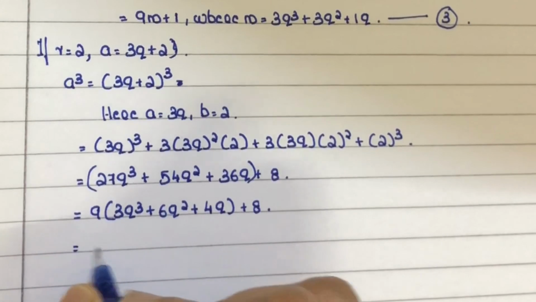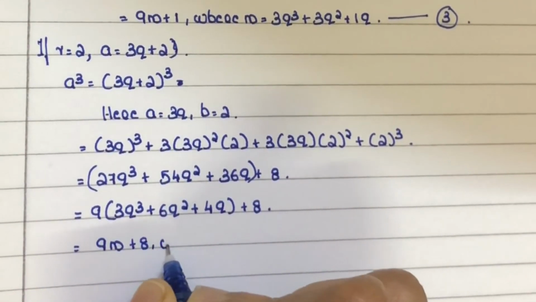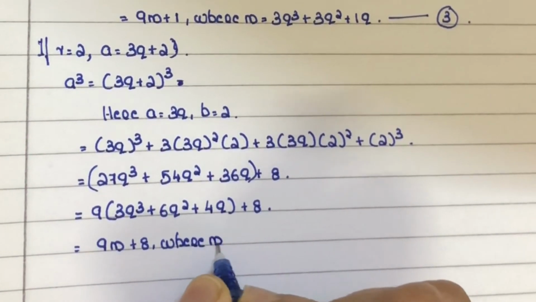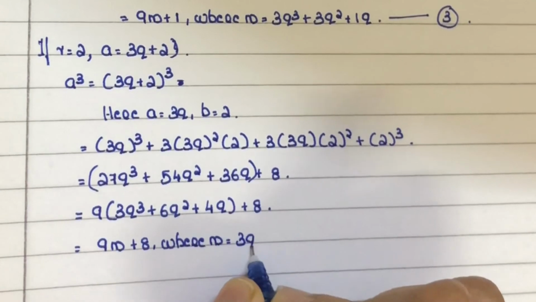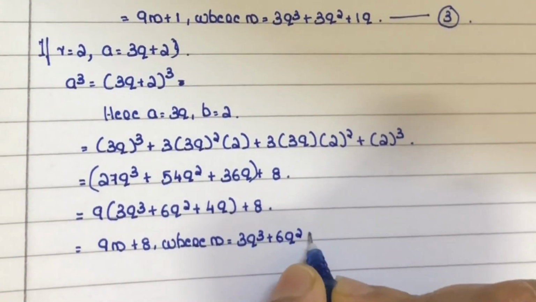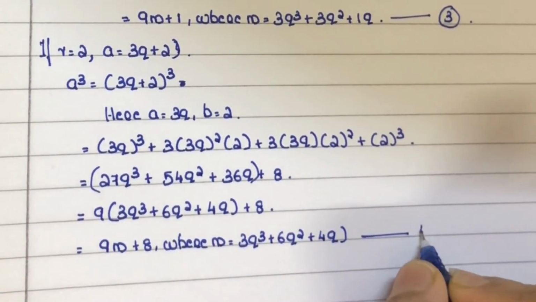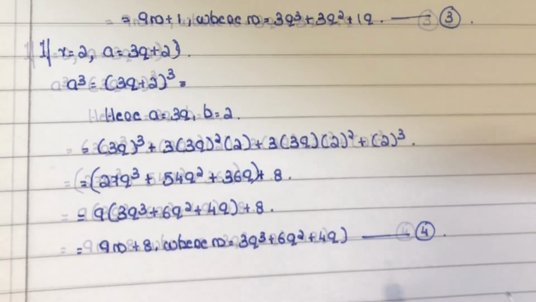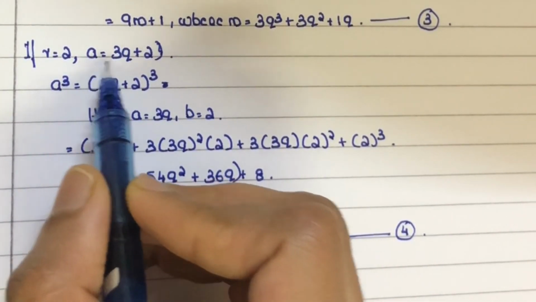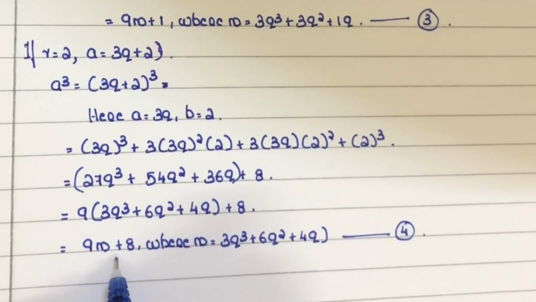This one you can write it as 9m plus 8, where m equal to 3q cube plus 6q square plus 4q. Equation number 4. So by equation 4 we can say that cube of the positive integer 3q plus 2 is of the form 9m plus 8.